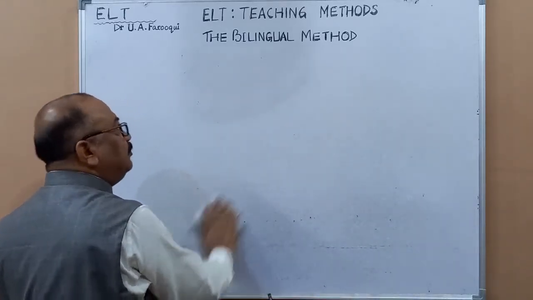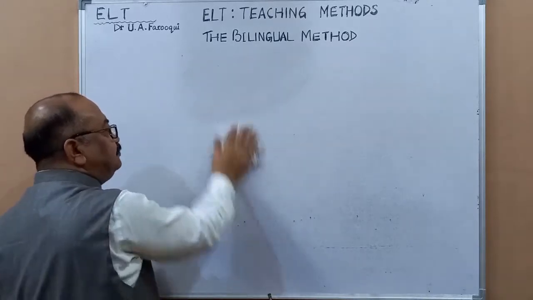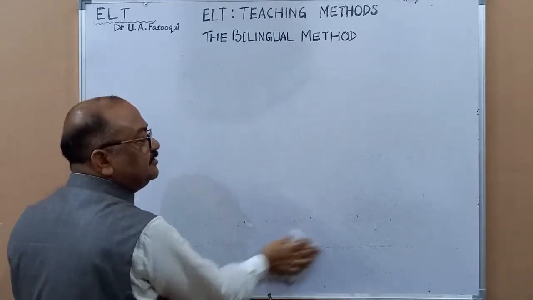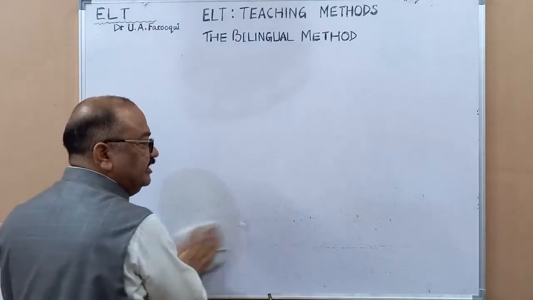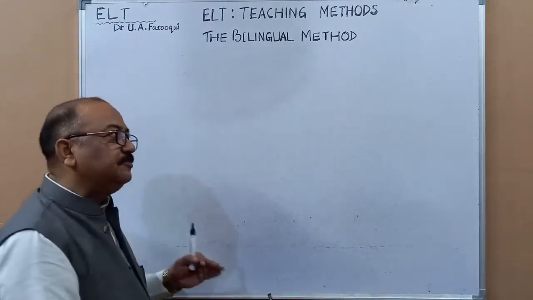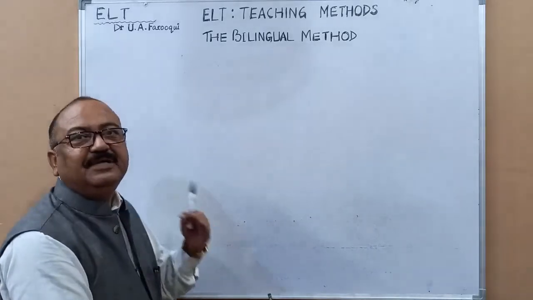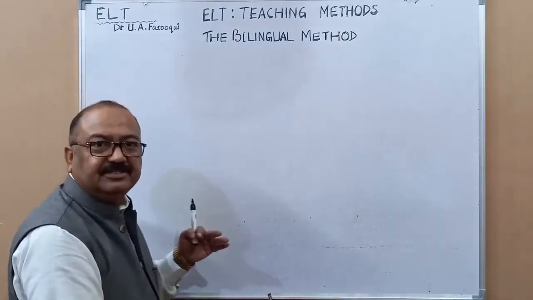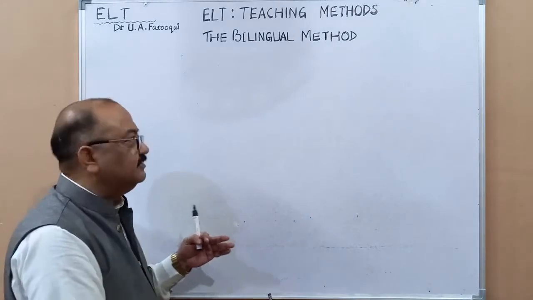And there should be a proper sequence in the answer. It's not that you discuss the principles after discussing advantages and disadvantages. No, principles are discussed first. When you are discussing principles, you are telling the major characteristics, major features of that method.